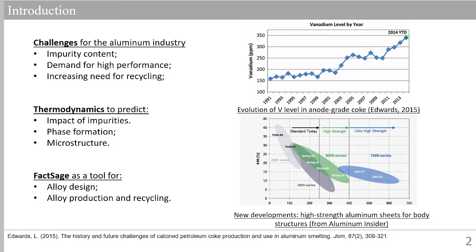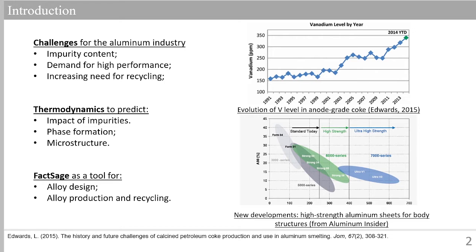So this morning I gave a presentation for my master's project, and in it I gave some of the challenges for the aluminum industry, most notably the rising impurity content in alloys because of the decreasing quality of anode-grade coke.